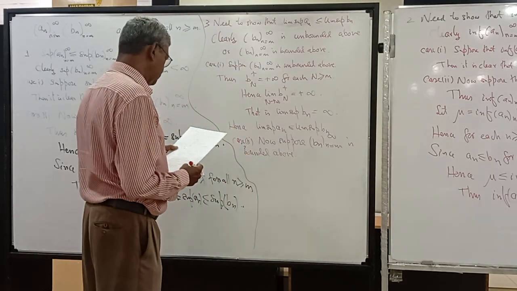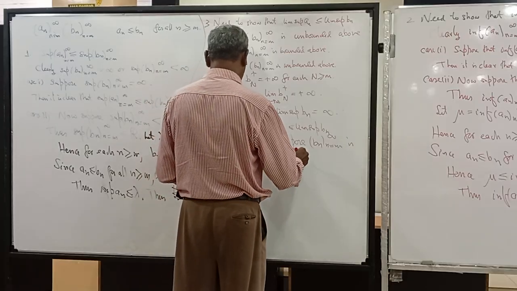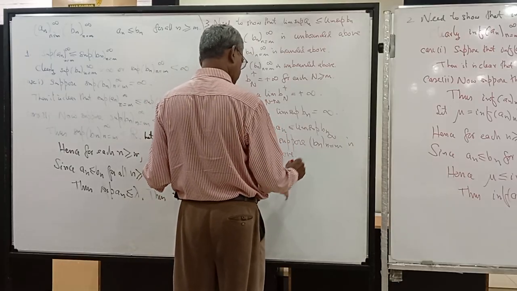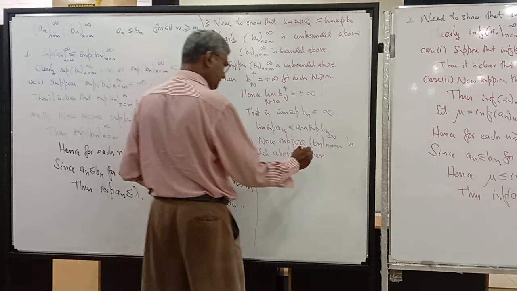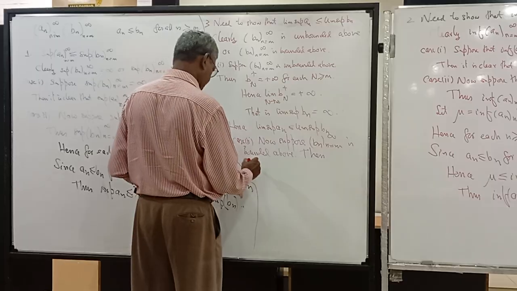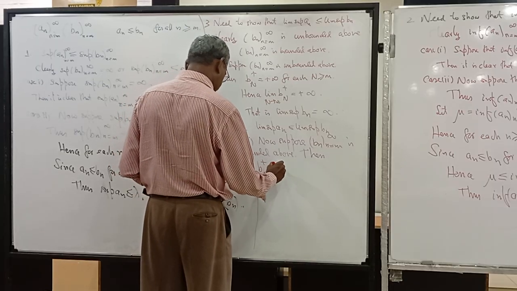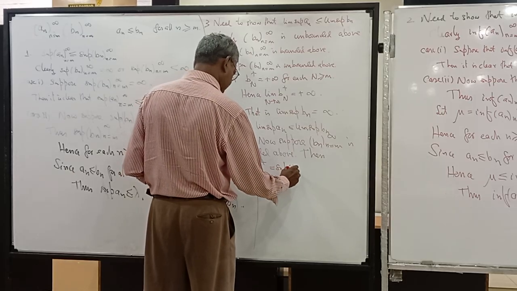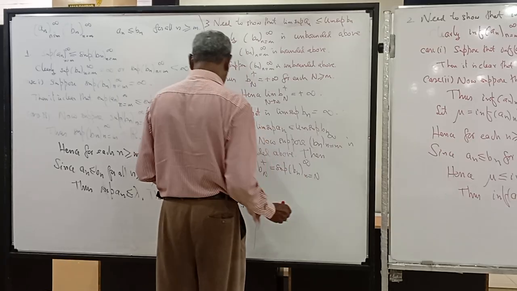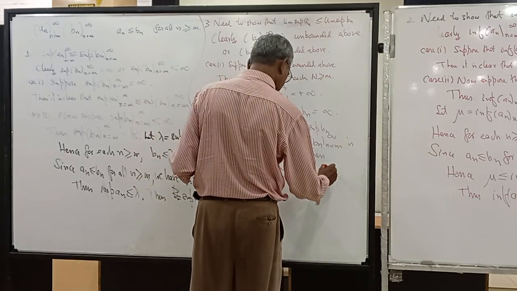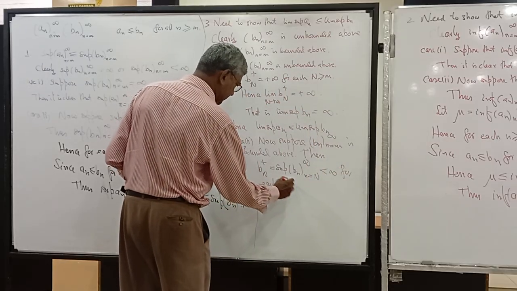Then Bn plus, which is the supremum of Bn, n going from capital N to infinity, is less than infinity for each capital N greater than or equal to n.